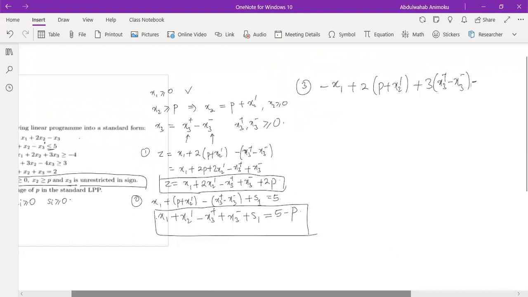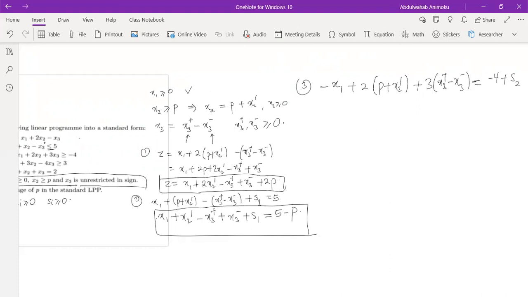Because if we were to put it on the right-hand side, generally we could write it as minus 4 plus S2, okay? Right, because we have the greater than sign. So that means minus 4 plus an additional variable, right? A real number, S2 being a real number, which is non-negative. So if we bring the S2 to the left-hand side, we'll definitely have this, right?